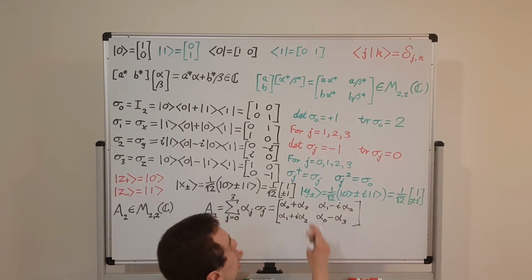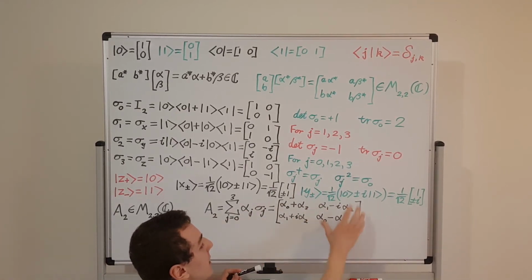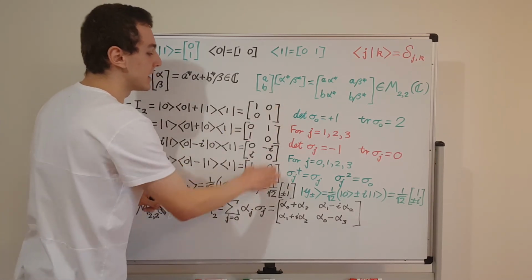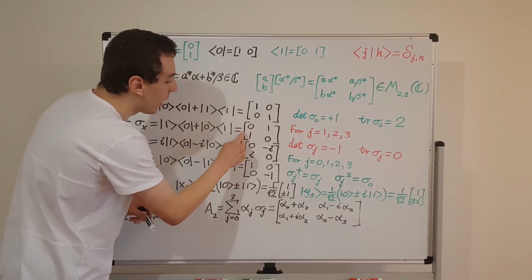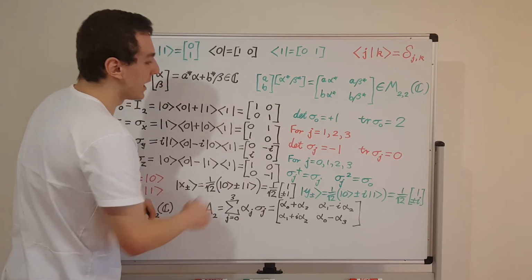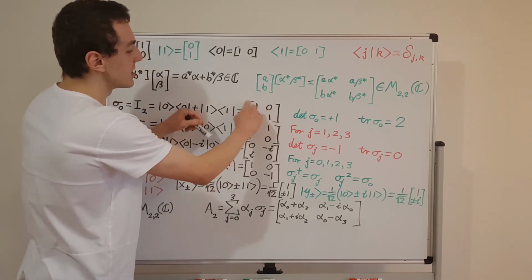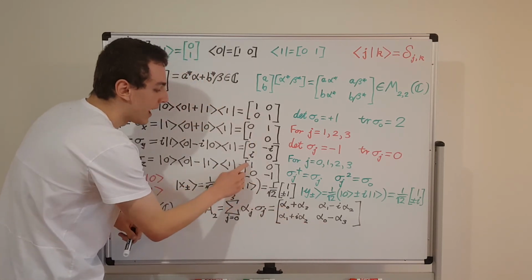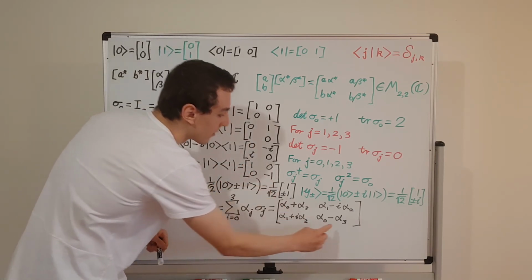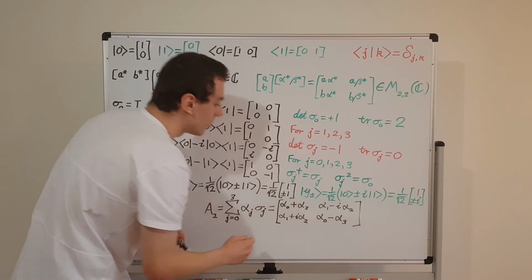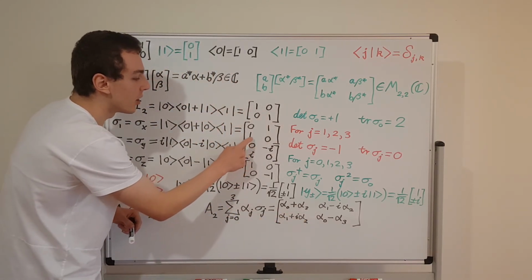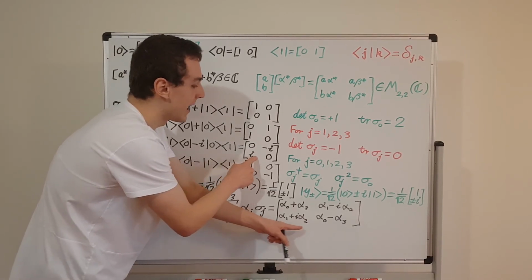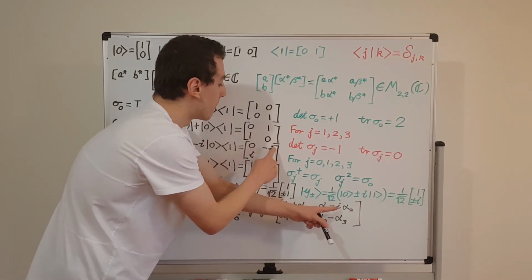So this is a 2x2 matrix. Where did this come from? Well, this just came from scaling each of these matrices by alpha 0, alpha 1, alpha 2, and alpha 3. You can see that alpha 0, which multiplies the identity matrix, contributes this, and then we have an alpha 3 and a minus alpha 3 over here, also on the diagonal. And on the off diagonal, we have a combination of alpha 1 plus i alpha 2, that's this, and then over here we have alpha 1 minus i alpha 2.